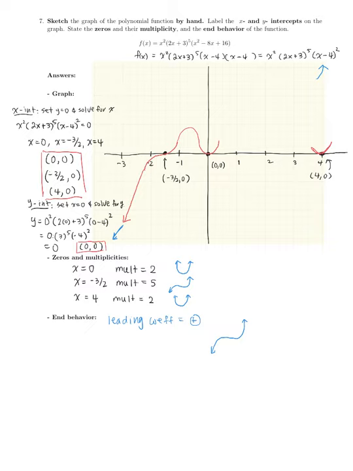Now, since the tail end is going to go upward, I'm just going to go like that. Okay, now I'm not quite sure what's going to happen between x equals 0 and 4, but I'm going to assume that it's going to do something like this. All right, now in fact, at x equals 3, if you plug x equals 3 into the function, your y value is going to be something ridiculously big.